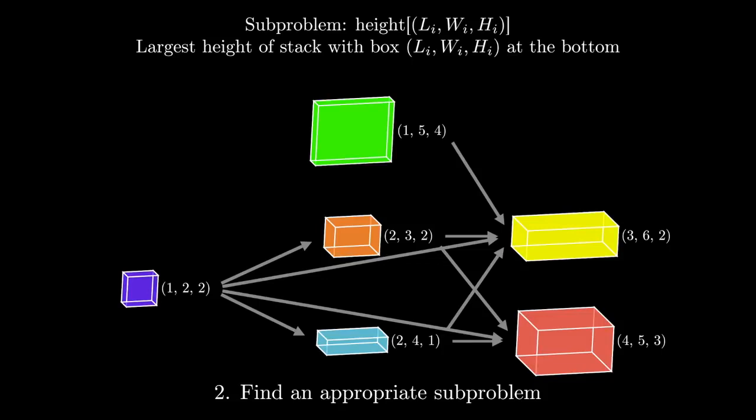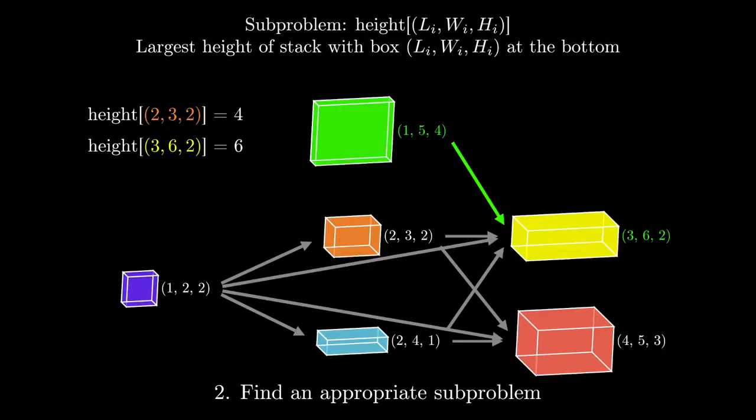This will allow us to find optimal partial paths in this graph, which will then build into the eventual optimal path. Here are some examples of instances of these subproblems. The subproblem in which the orange box is the base has a stack with a maximum height of 4. Another example is a subproblem ending at the yellow box in which the best possible height is 6.